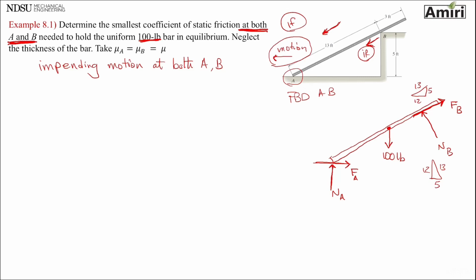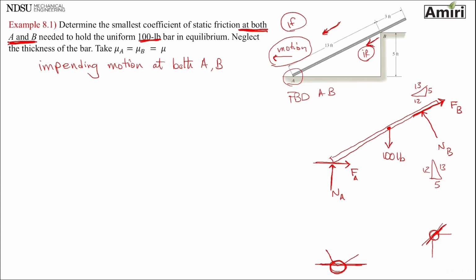Friction always opposite of motion or potential motion, and it's always tangent to those contacting surface. At point A, I have like this, and the beam is kind of like this, like magnified. So these two contacting surfaces are right there, so the friction is tangent to that. At point B, same thing. I have this, I have that. Tangent to these contacting surface would be in this direction. All right, and I think that's all I have for free body diagram.